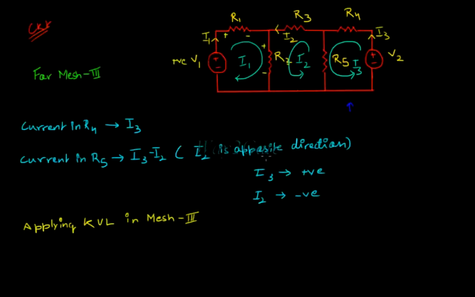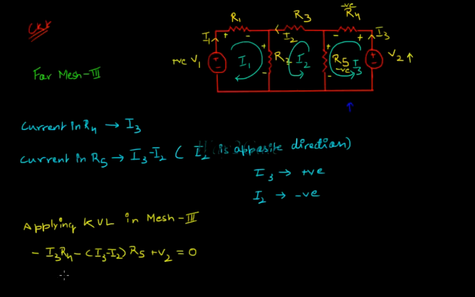On applying KVL in mesh 3, due to voltage drop across R4, we have minus I3 R4, minus (I3 minus I2) into R5, which is due to voltage drop across R5, plus V2 due to voltage rise, as current is flowing from negative to positive terminal.